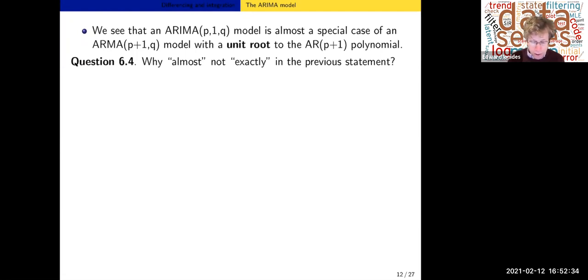So let's say, note the differences in the treatment of mu.